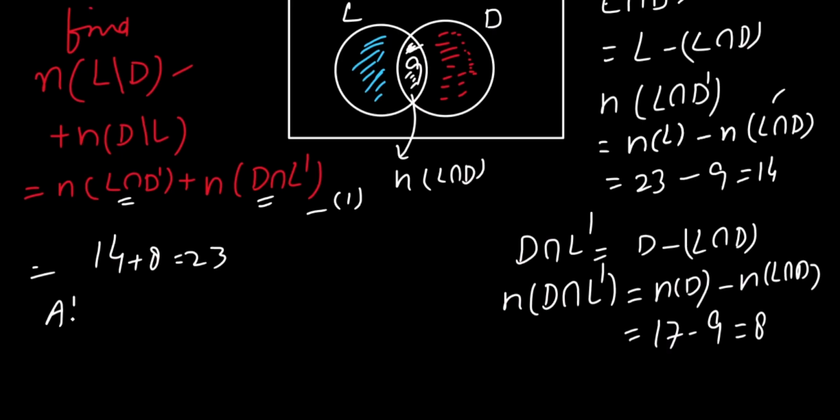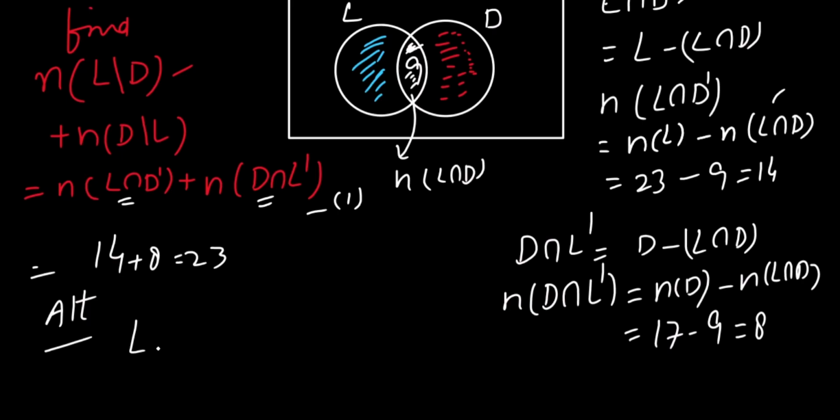Alternatively, I can give you a short trick. When you have to find either one of the areas but not both, we can use the formula here.